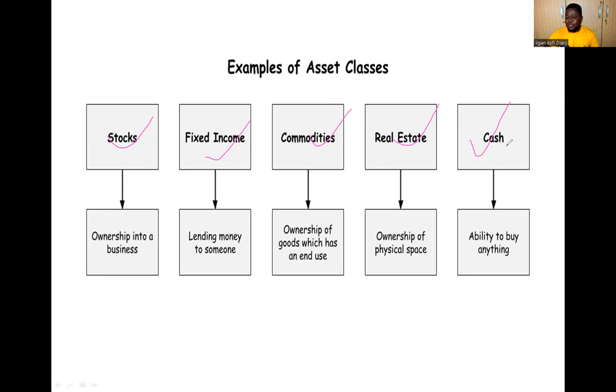So those of you who are into the forex market, you are under the cash asset. You are buying and selling currencies with the fluctuations in their prices. So that is also under the cash asset. So which of these asset classes do you belong to? And now there is a new one that has come, which is the crypto asset.